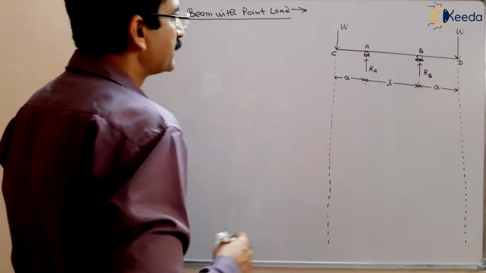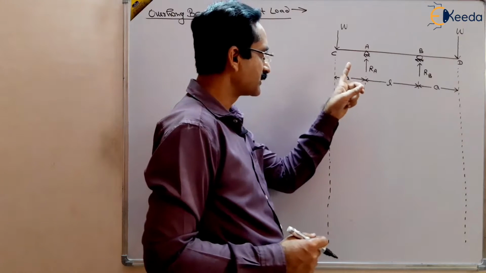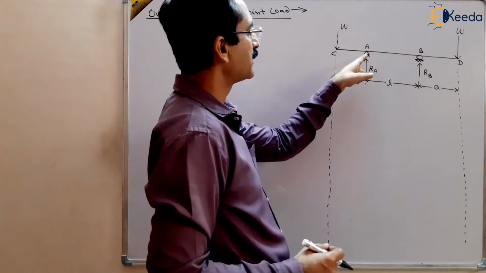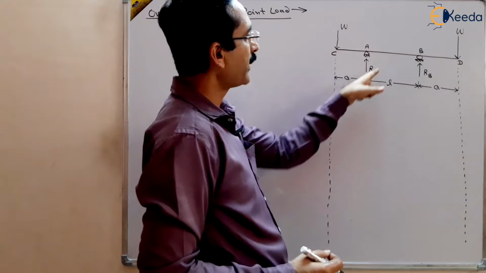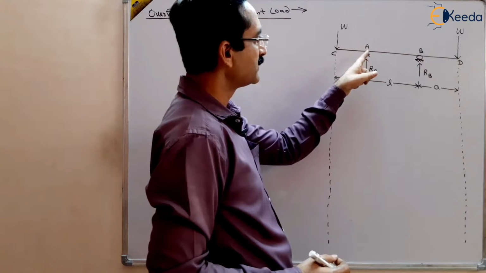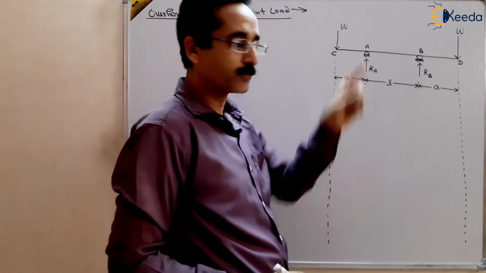Let us start. We can find out the reactions using sigma M equal to 0, that the moment at any point, say A, is 0 for all the forces, the moment of all the forces at point A is 0.